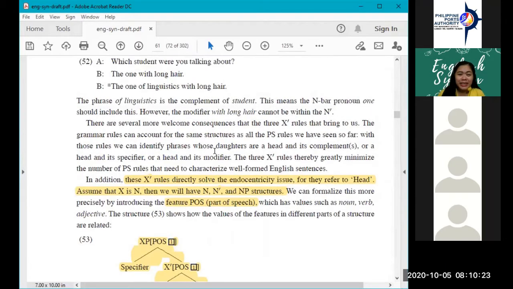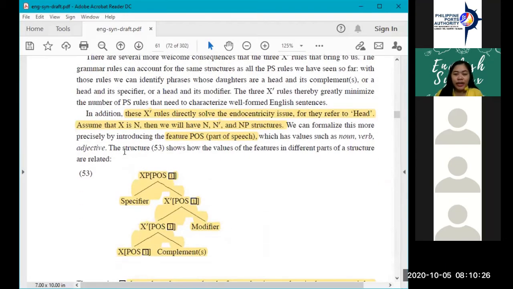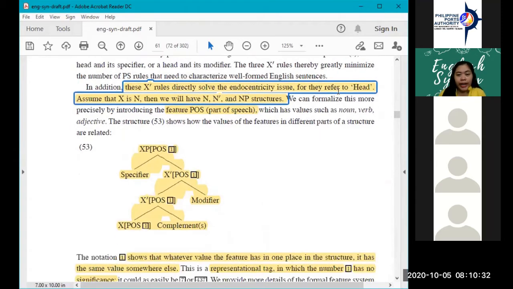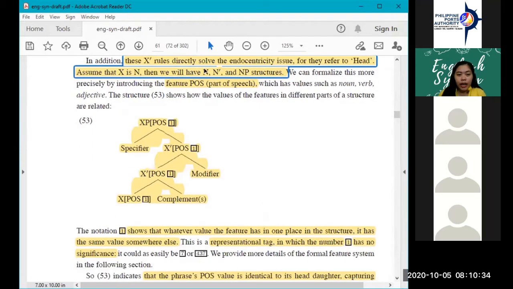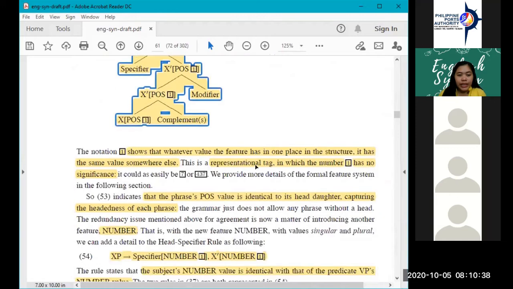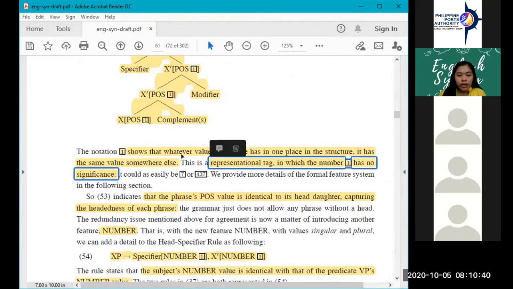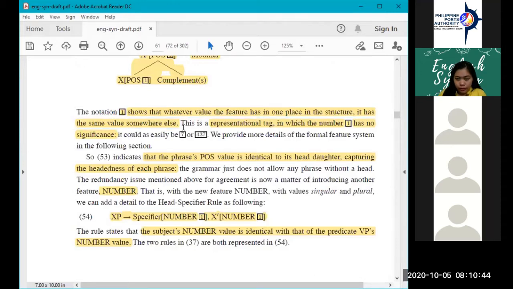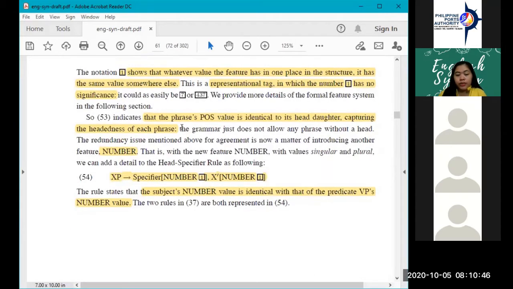So now why do we have to do this in X bar rules? Now we can solve the endocentricity issue by identifying the value of the feature in the X bar rules, or in this rule, for example.